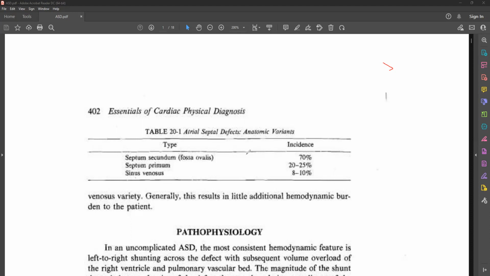First thing, we know that the secundum type is the most frequent type of atrial septal defect. But you need to be clear what we mean by the secundum type of defect.